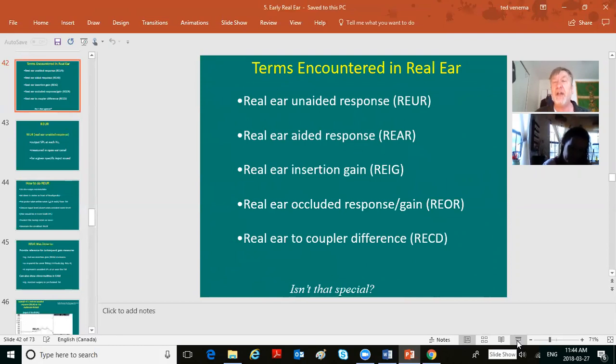Okay, real ear unaided response, real ear aided response, real ear insertion gain. And then there's two below it, real ear occluded response, R-E-O-R, and then there's real ear to coupler difference, R-E-C-D. Now, R-E-C-D was rarely used in yesterday's real ear. It's an acronym you're going to run into more next week with today's real ear. And then I write at the bottom, isn't that special?